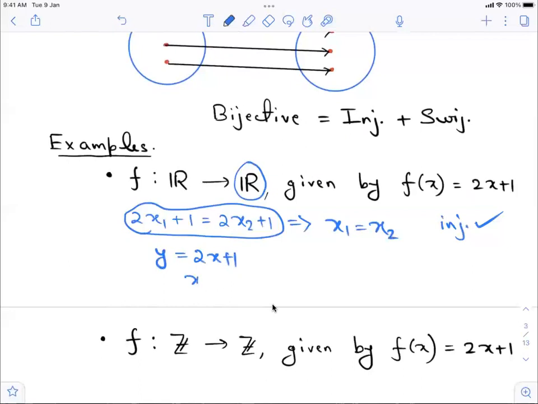Solving for x gives me x equals (y minus 1) by 2. So indeed there is some x for which 2x plus 1 equals y, and that particular x is given by (y minus 1) by 2. So this is also surjective, and therefore it's bijective.